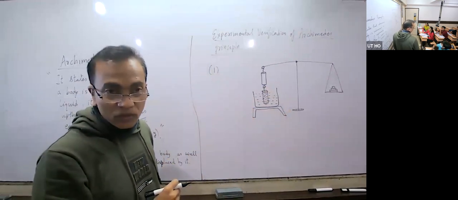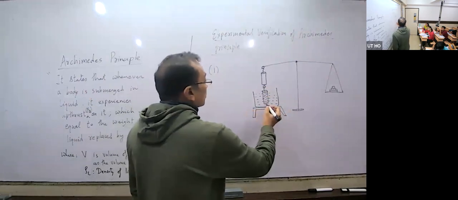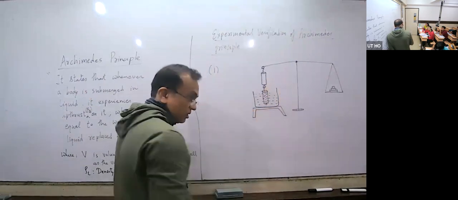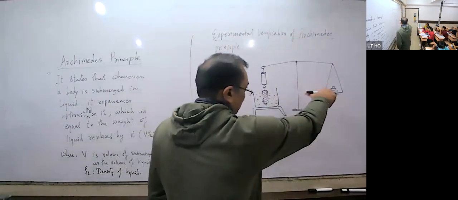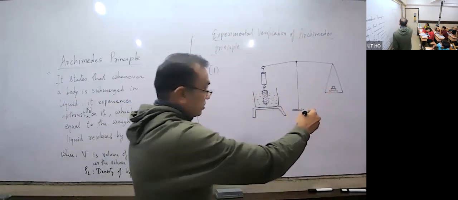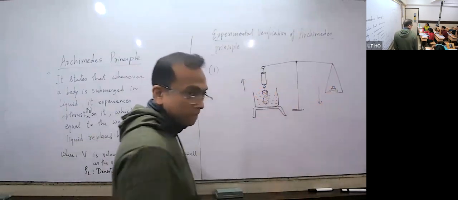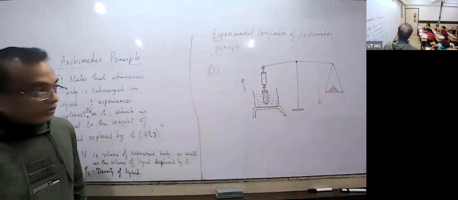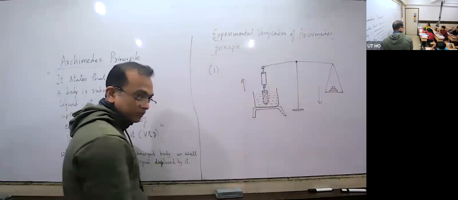What should happen on the lower cylinder? Upthrust. So if upthrust acts on it, will the equilibrium be disturbed? Yes. So this should tilt. You will see that this has come down and this has gone up when we keep a liquid filled beaker below it.